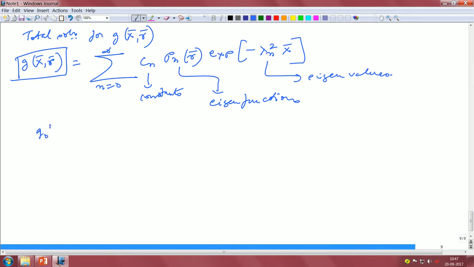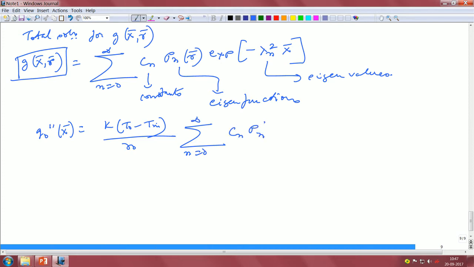So, q double prime at x bar, which is basically the heat flux, is basically (T naught minus T in), which has no bearing because they are constant, basically, times the sum from n equal to 0 to infinity of Cn Pn prime(1) exponential minus lambda n square into x bar, right.